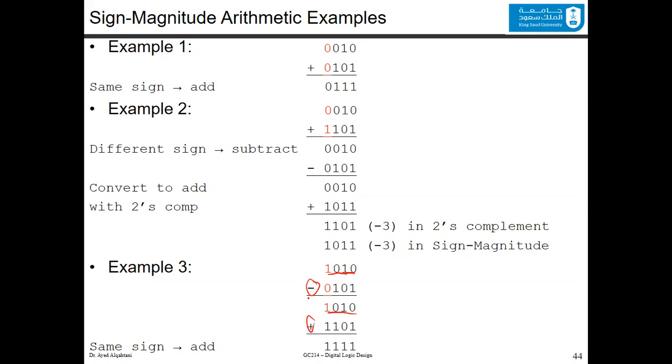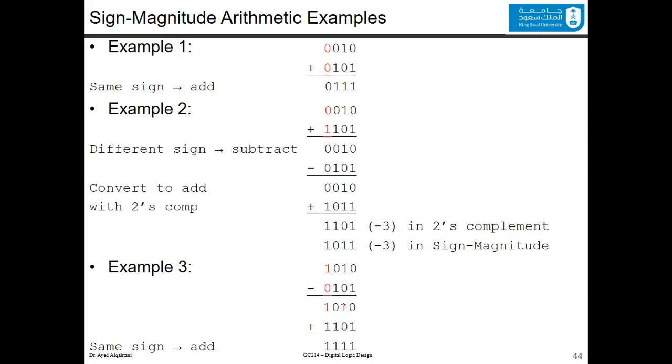To convert it to addition, you actually do it directly by having the negative value of this using sign and magnitude. The negative value in sign and magnitude is that the 0 will become 1. You change the sign and you keep the same magnitude, and then you do the addition.